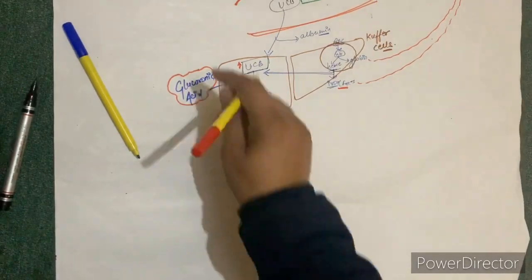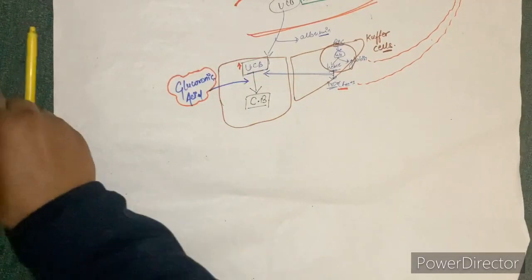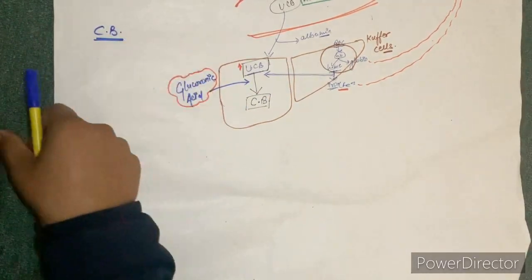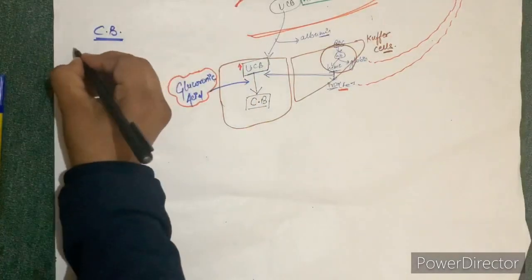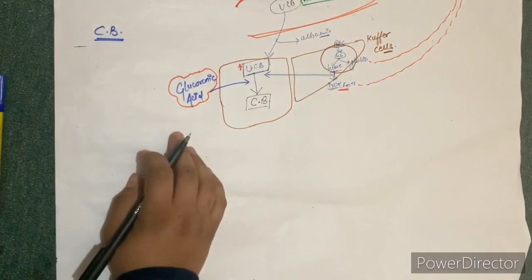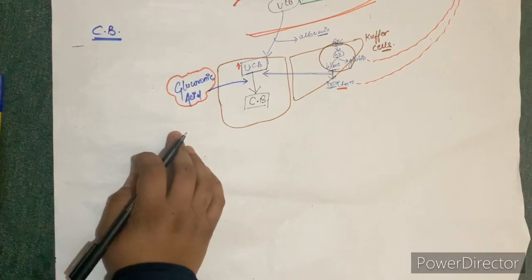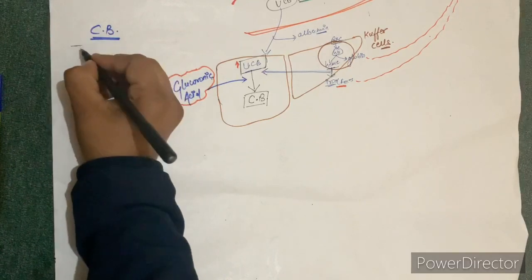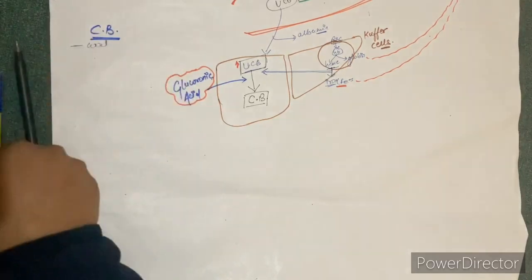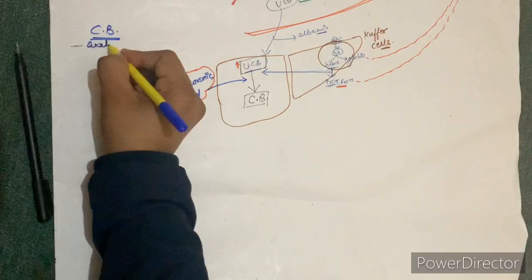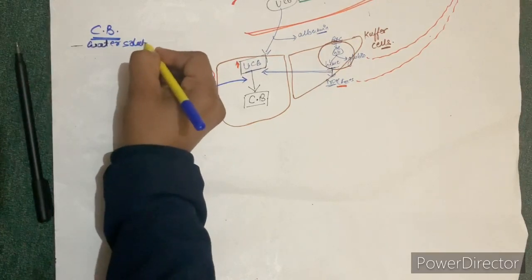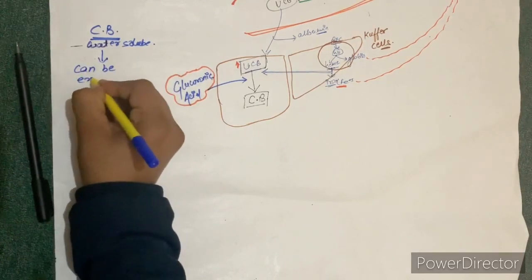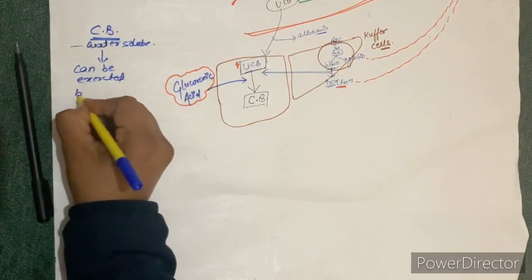Now we get conjugated bilirubin. It is not as toxic as unconjugated bilirubin. It is water soluble, so it can be excreted by the liver.